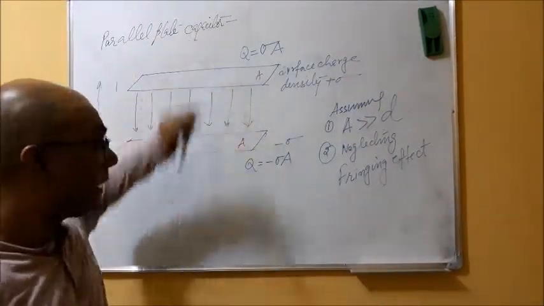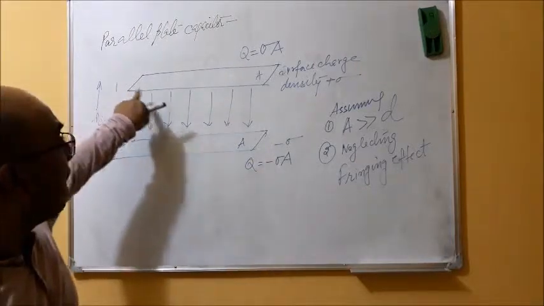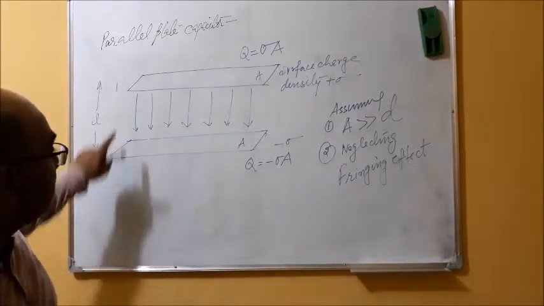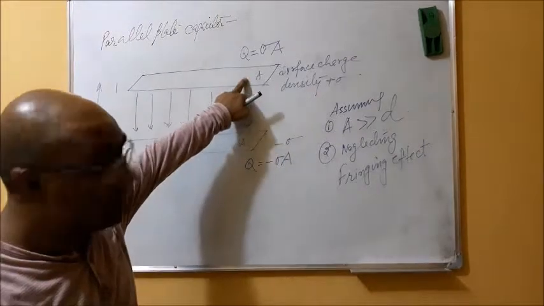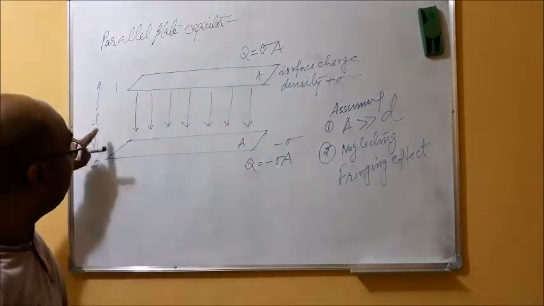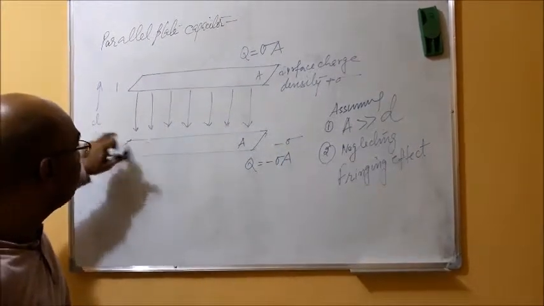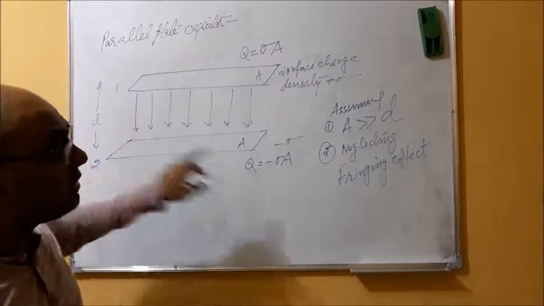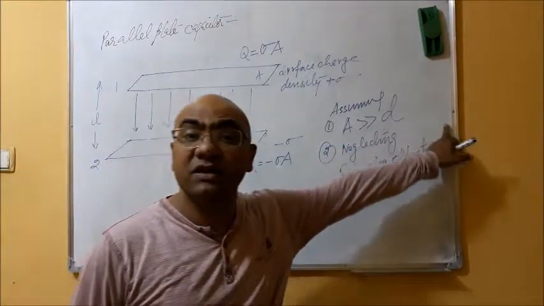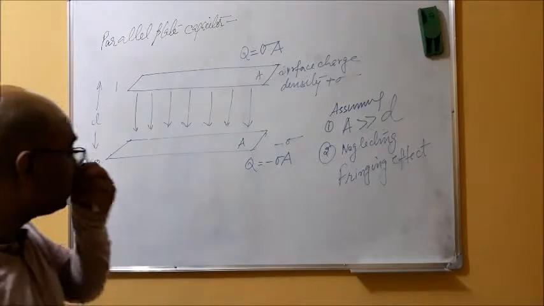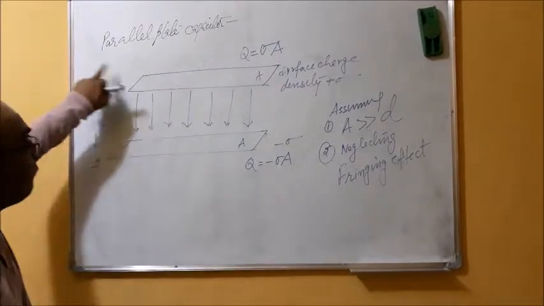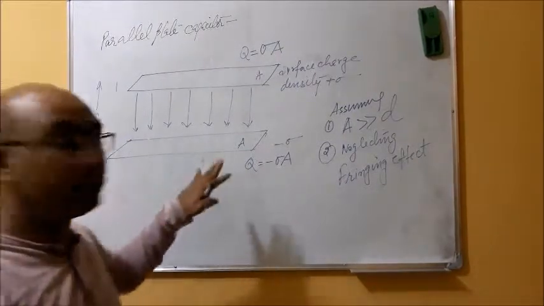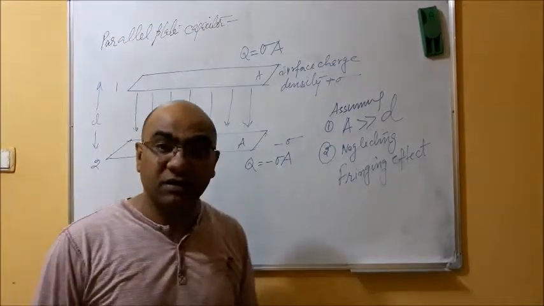So what are the two assumptions we take for deriving the expression for capacitance of a parallel plate capacitor? Number one, the area of surface 1 and surface 2 is A, and the separation between them is d, such that the area is much greater than d. And second, we are neglecting fringing at the corners of these parallel plates, right?